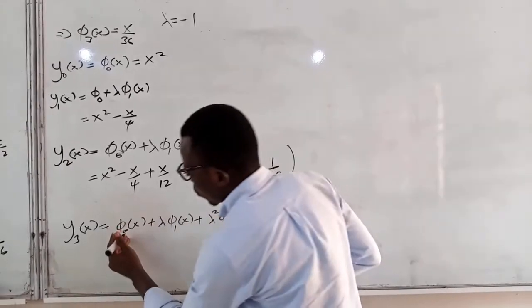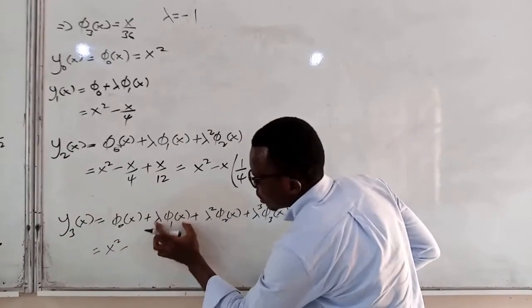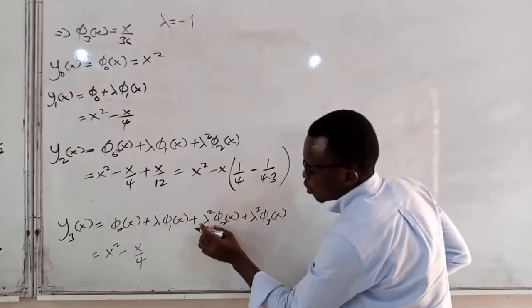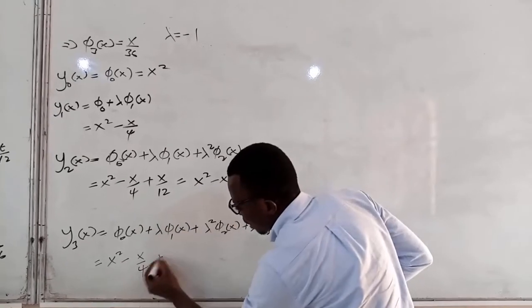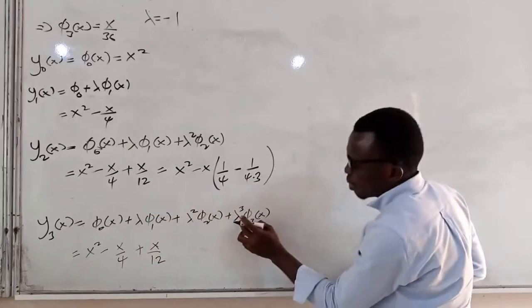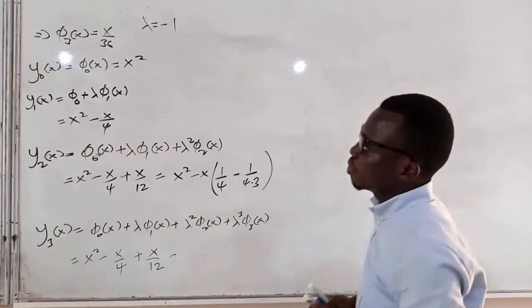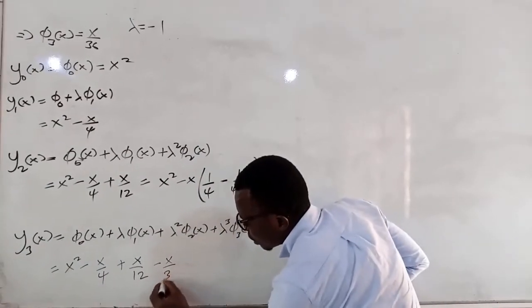Our phi naught is s squared, minus phi 1, which is s over 4. Lambda squared is 1, so plus phi 2, which is s divided by 12. Then lambda cubed is minus 1, so minus phi 3, which is given as s over 36. So minus s over 36.